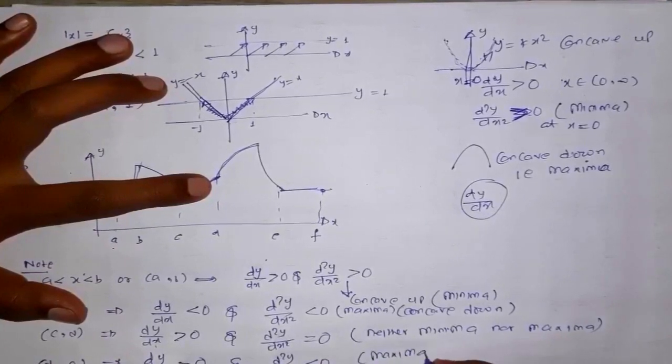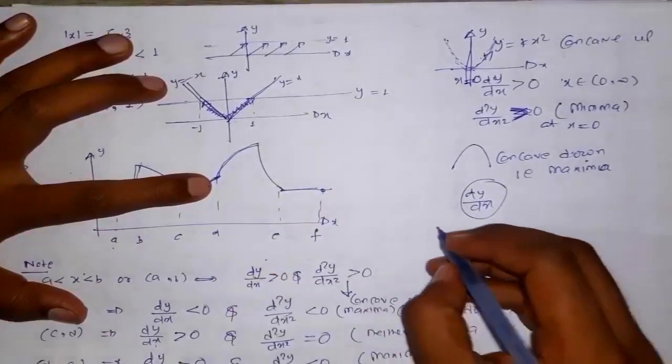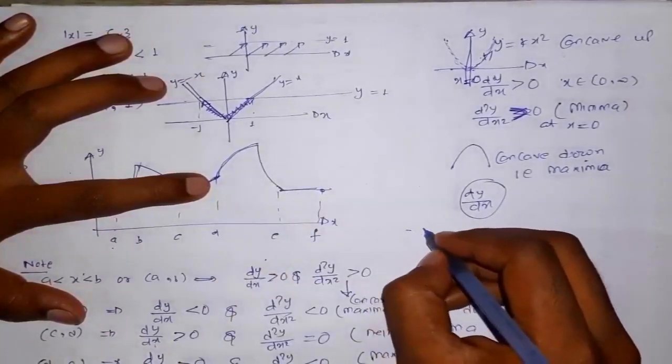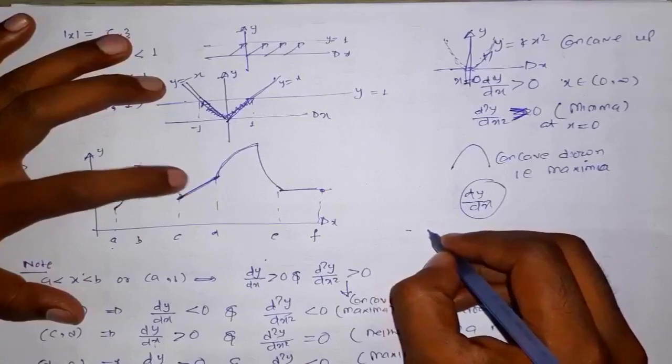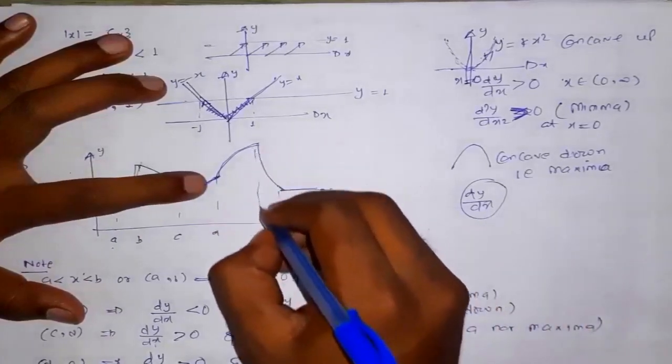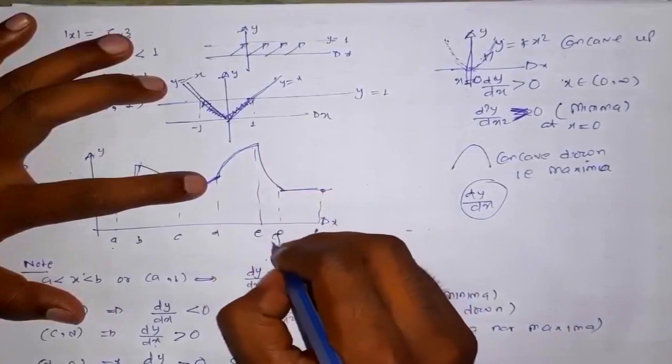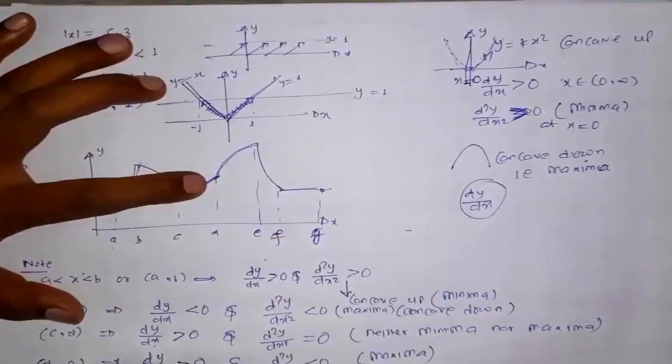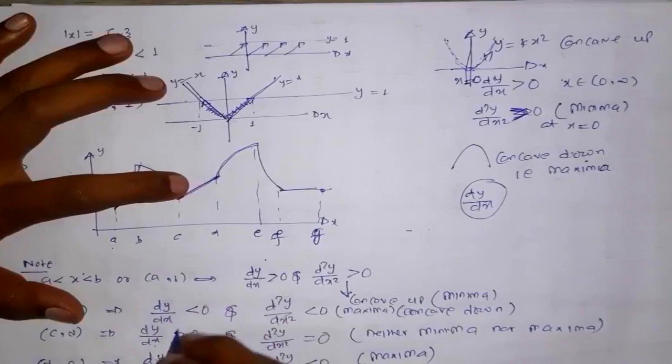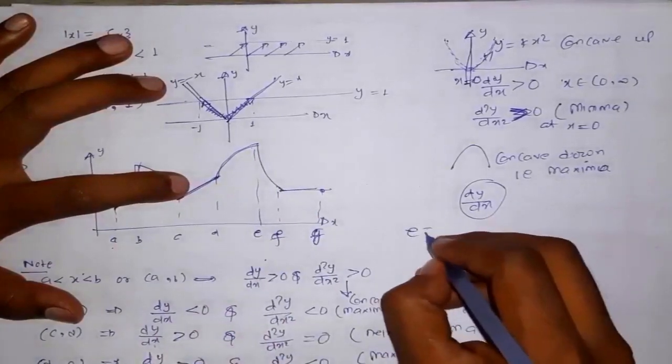So we are getting maxima for this portion, so it will be negative. Maxima. Okay. And this portion also, I am writing here, for d to e and e to g. Okay, I am just doing some corrections. Now e to f.